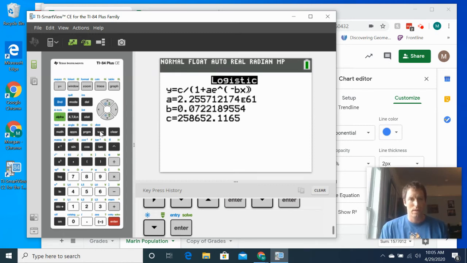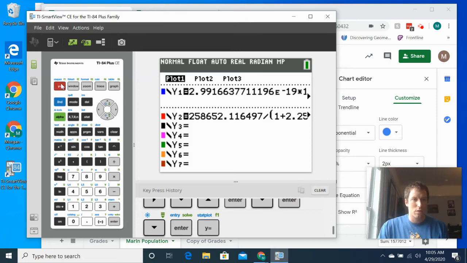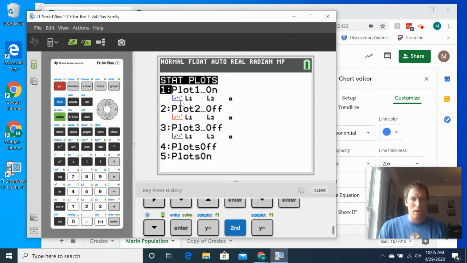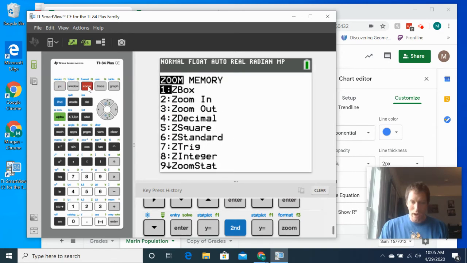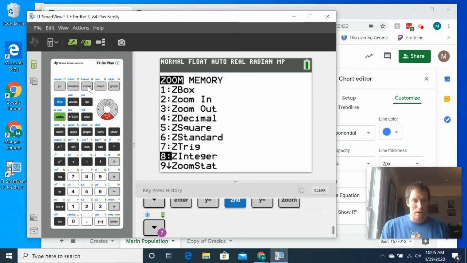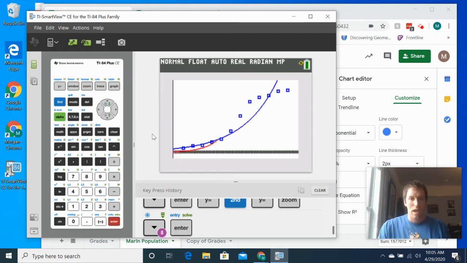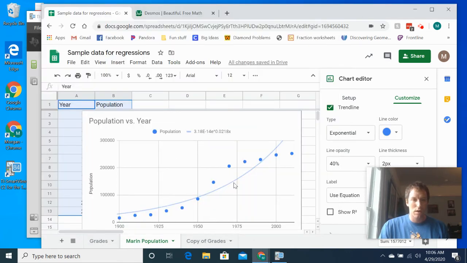Oh, it's messy, but there it is. And now if I want to graph it, let's go first to my stat plot. Make sure plot 1 is on. It's L1 versus L2. And let's do zoom stat to make sure everything shows up. And notice how this graph is matching my graph over here in terms of where the points are.